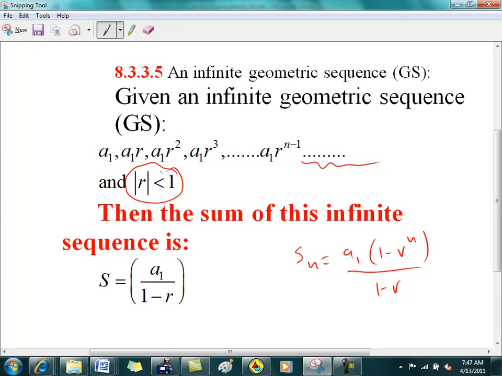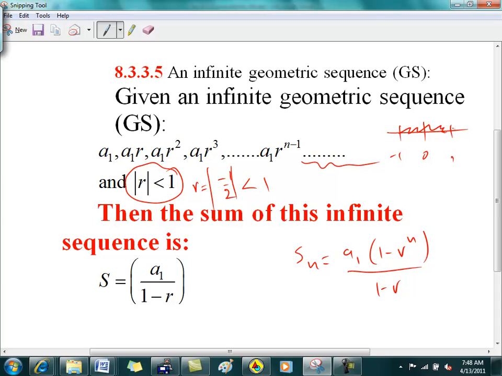It could be, for example, minus a half. R could be minus a half. It cannot be 2, cannot be 1.1, cannot be 1.0001, cannot be 1 either. It's got to be strictly less than 1. In other words, on the number line, R has got to be between these values only.